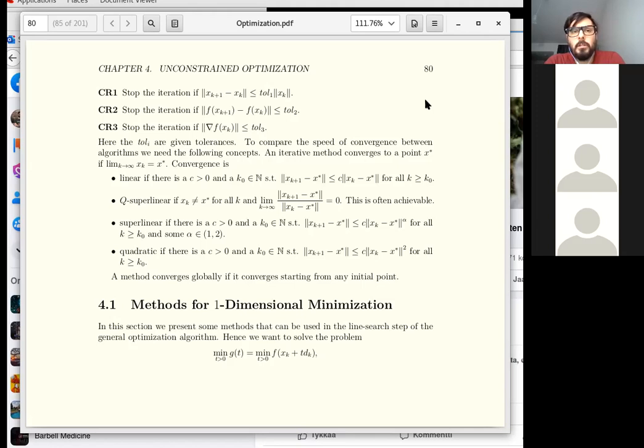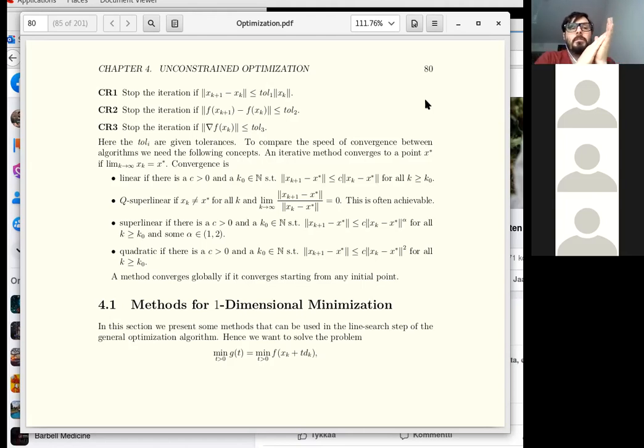Just mention that an iterative method converges to a point x star if the limit, if we were to continue this indefinitely. So basically it's the stopping criterion being satisfied before infinity that prevents us from actually doing this to infinity. But forgetting about the stopping criterion, if we were to continue the algorithm infinitely, xk is the one point that we have, and then we take the next point and so forth.